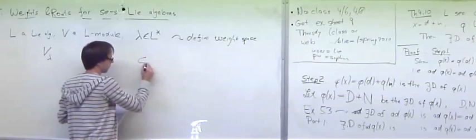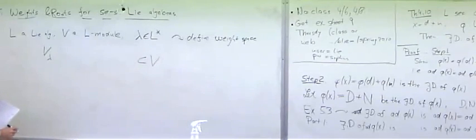So this is a vector subspace of our representation space V.